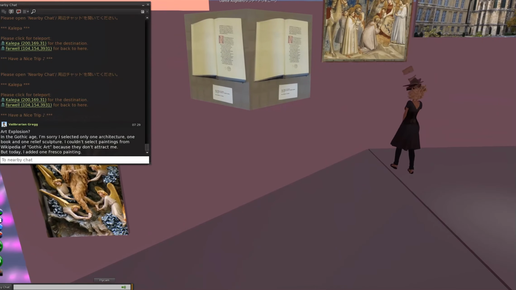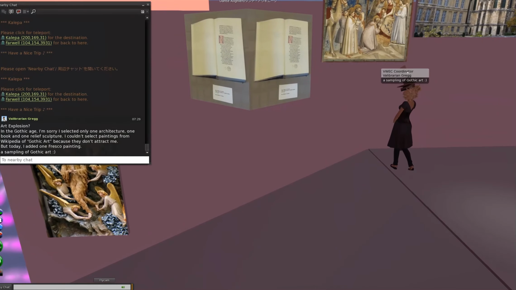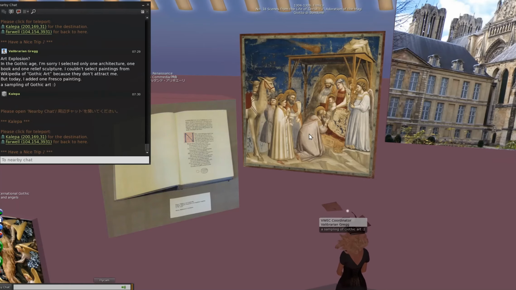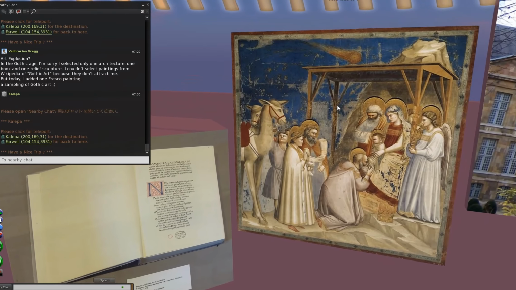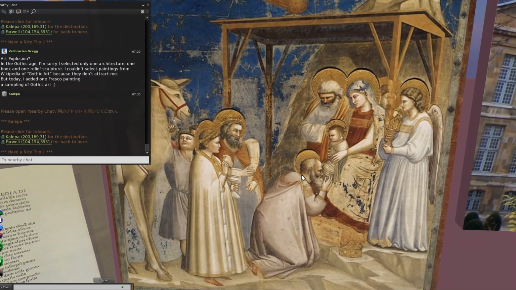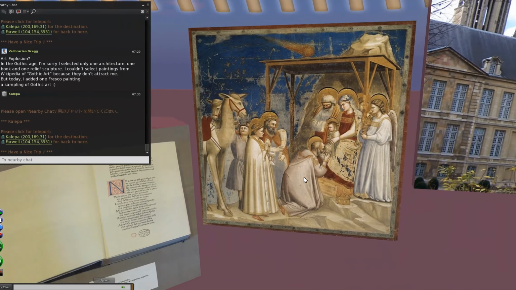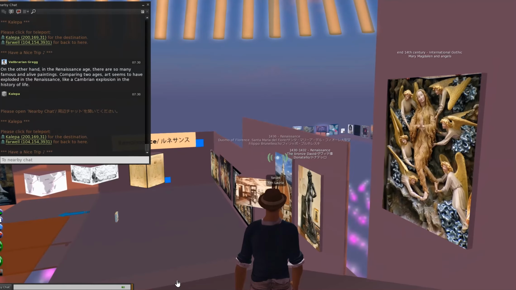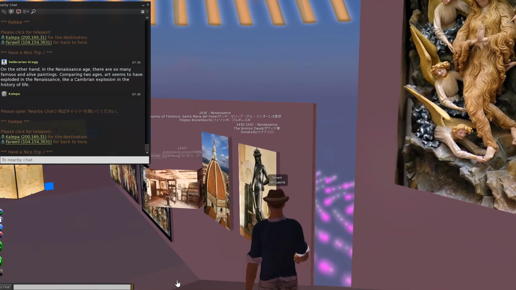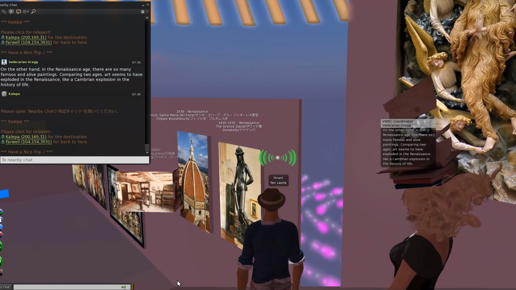I couldn't select paintings from Wikipedia of Gothic art because they don't attract me. But today, finally, I add one fresco painting. On the other hand, go down. From here, the Renaissance age.